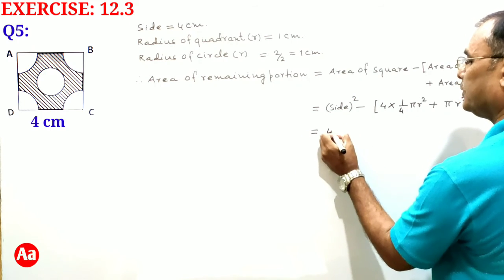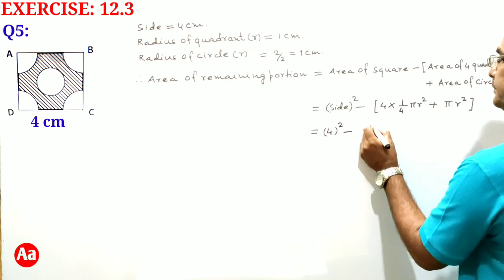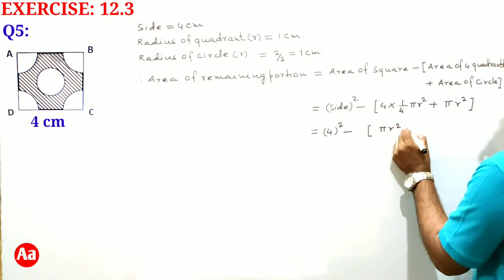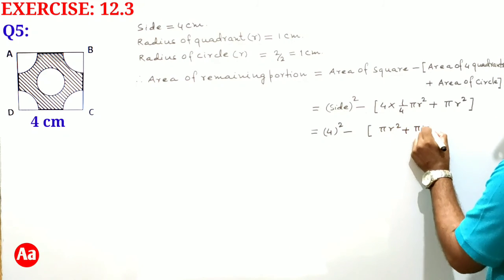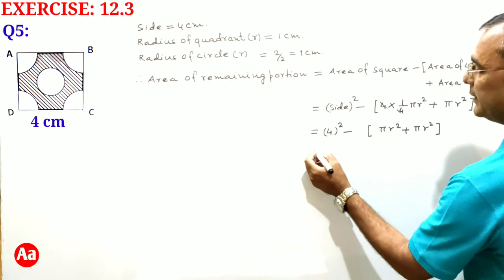So 4 square minus, here pi r square plus pi r square. This 4 will get cancelled.